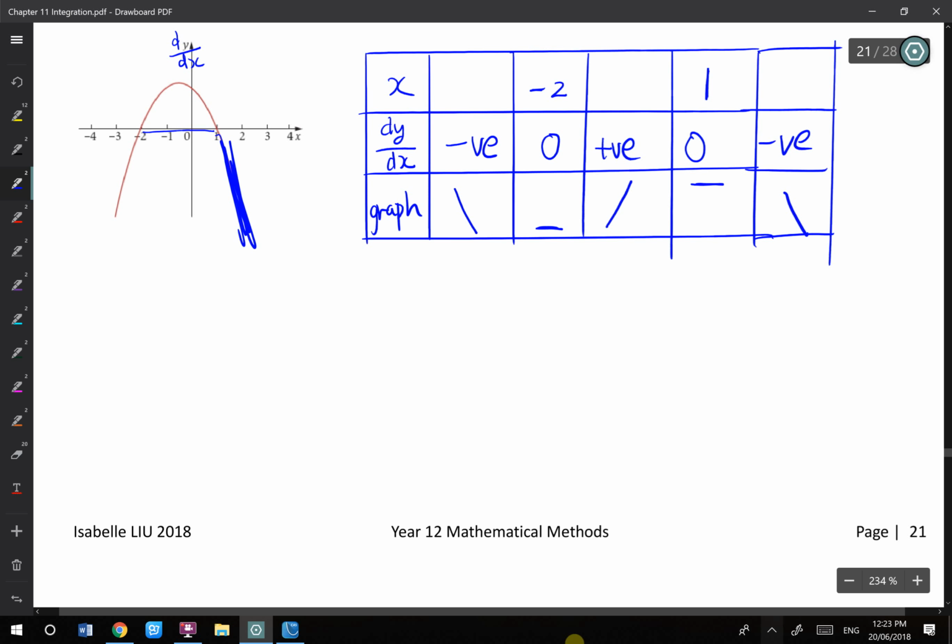So you can see this shape. This point is -2 comma something. This point is 1 comma something.